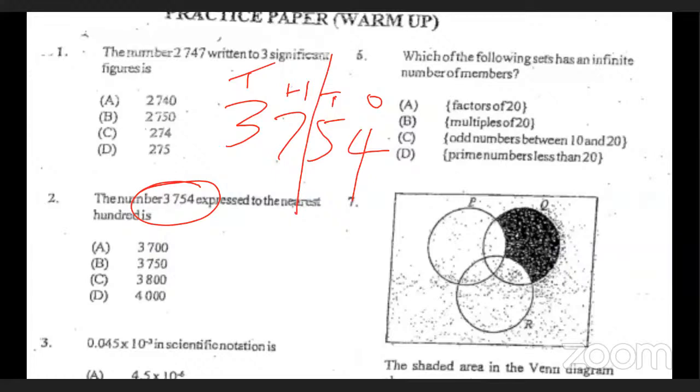And the digit in the 100 place is a 7. Now we're going to look at the digit to the right of the line. If that digit is 5 or more, in other words, if that digit is 5, 6, 7, 8, or 9, we're going to add 1 to the digit to the left of the line. So let me go again with that. If you want to write it down, write it down. I'm going to go as slow as possible.